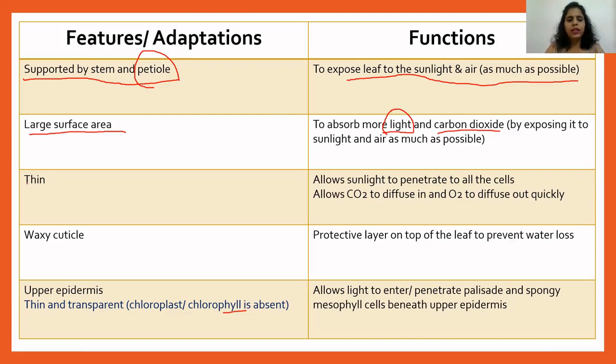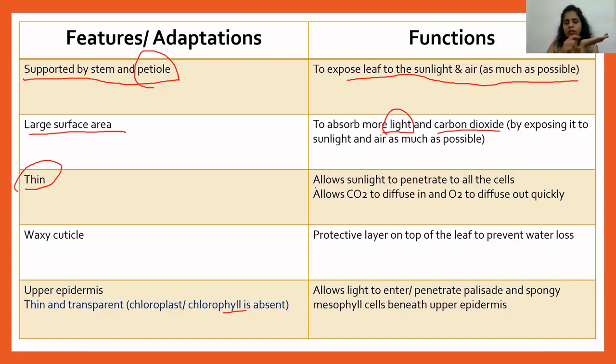Then another very important feature of the leaf is that it is very thin. I've told you previously, if you look at my hands, the uppermost layer of cells is known as the upper epidermis, and the lowermost layer of cells is known as the lower epidermis. Between the upper and lower epidermis, there are different types of tissues which help in photosynthesis. Why are leaves thin? Because sunlight falls on the leaf from the top, on the upper epidermis, and carbon dioxide gas enters the leaf through the stomata present in the lower epidermis.